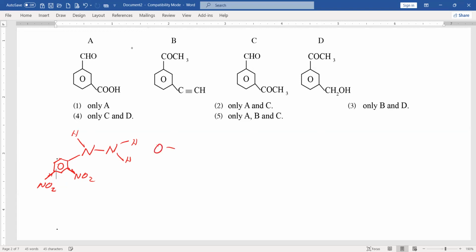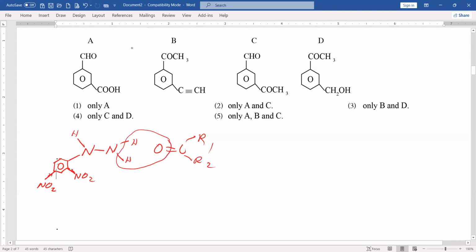This is when we add a carbonyl compound like an aldehyde or ketone. Say you have R1 and R2. If it is an aldehyde, one of these substituents may be hydrogen. Then what happens? This will be removed as a water molecule. Actually, how does it happen?